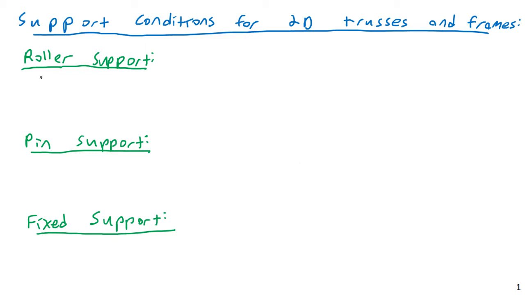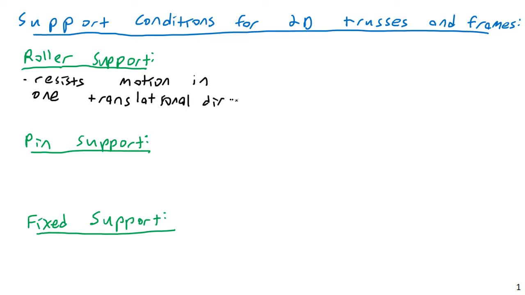So a roller, of course, is able to resist translational force in one direction. A pin support, of course, resists motion in two translational directions.